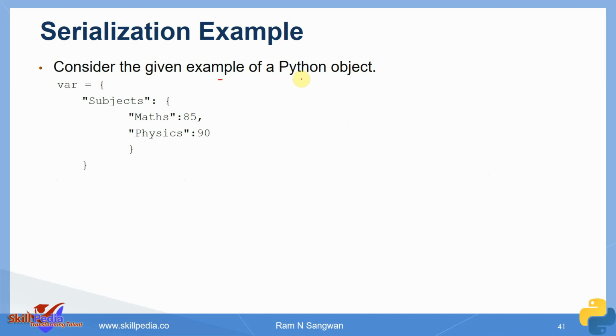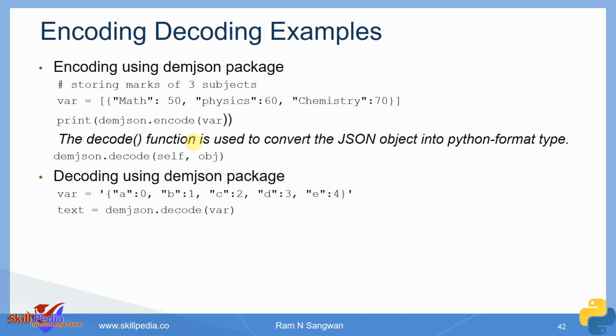Consider the given example of a Python object. Suppose this is our object, where subject math is 85, physics is 90. Encoding this using json encoder, storing marks of 3 subjects, and then print the encode of the object. This will encode the data. The decode function is used to convert a JSON object into a Python type, and vice versa.